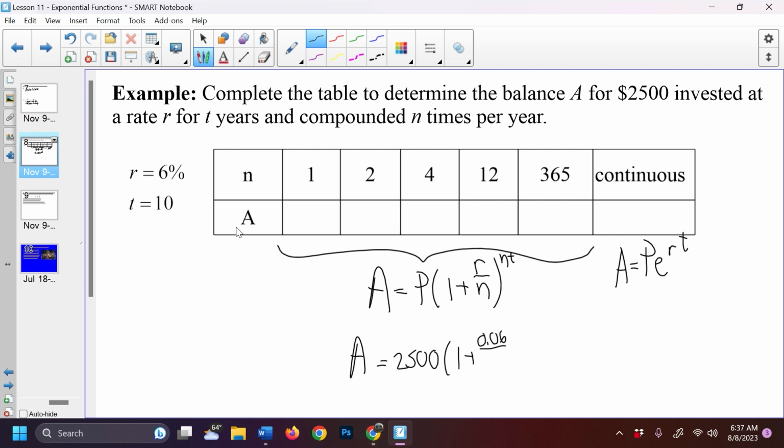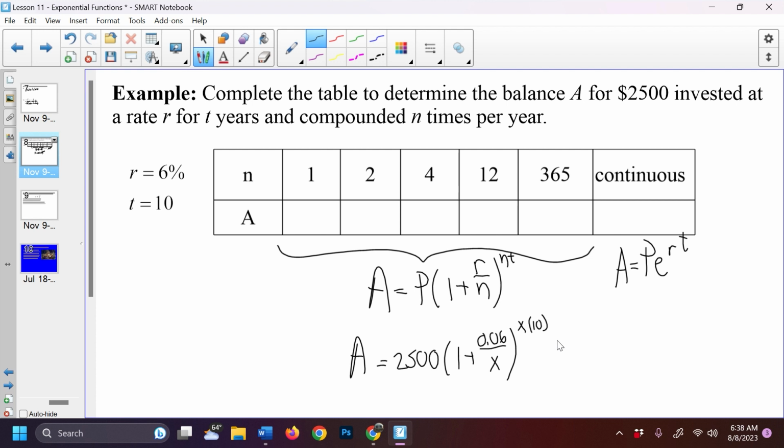It is number of compounds. That's going to be the thing that's changing. So when we go to Desmos, we're going to call that x. And then finally, we'll have x, and we know what the time is. It's 10, so we have a 10 there. And I'll probably rewrite it as 10x when we go to the example.